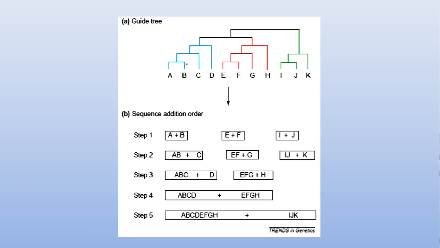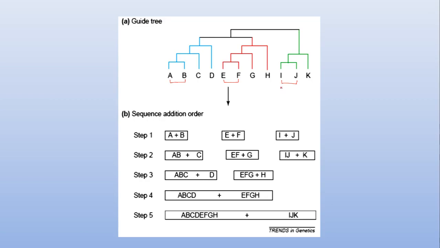Say, for example, this is the typical guide tree that you have obtained. Based on this guide tree, you can see that sequences A and B are very close to each other. Sequences E and F are very close to each other. Similarly, sequences I and J are very close to each other.